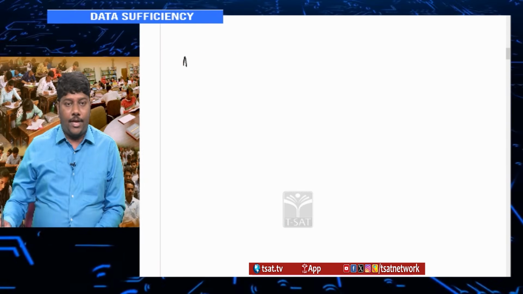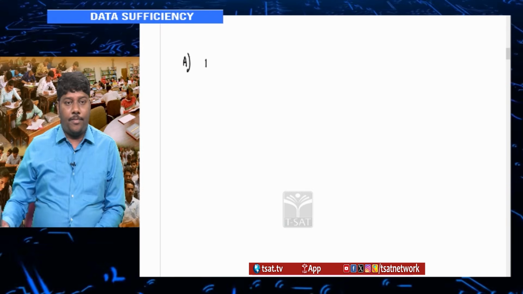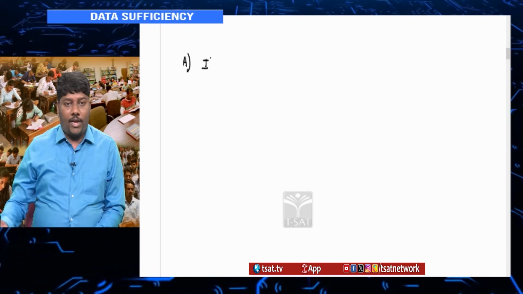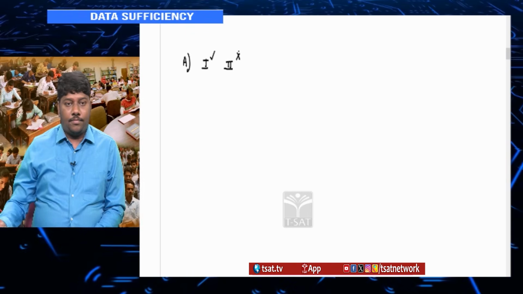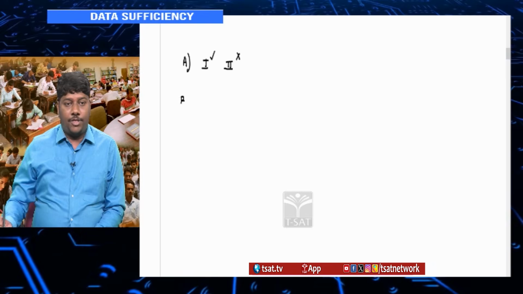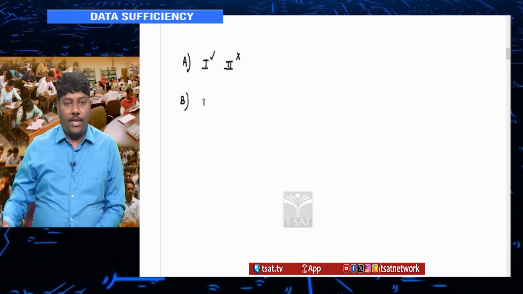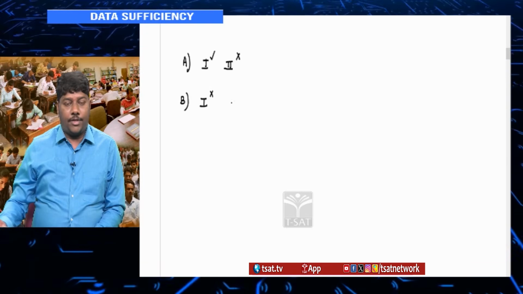We say option A, when statement 1 alone is sufficient but 2 is not sufficient. We say option B, when 1 is not sufficient but 2 is sufficient.